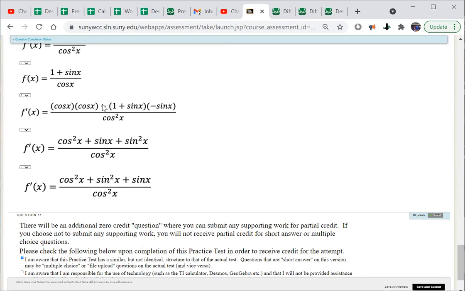Sine times 1 is sine. Sine times sine is sine squared. So that would put this one next, if we distribute correctly. This one just seems like a rearrangement of this one, just swapping the sine with the sine squared. So that would be number 3.